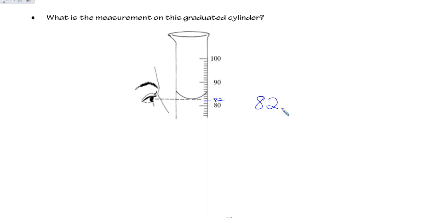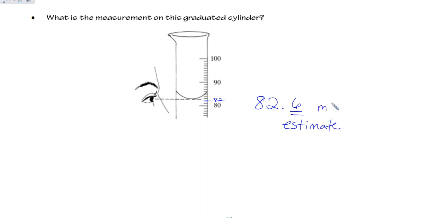So the last spot is my estimate. I'm going to estimate the tenths. I don't know. Maybe it's a little bit over halfway. Maybe I measure 82 and I'll guess 0.6. I'll estimate 0.6. There's my estimate.